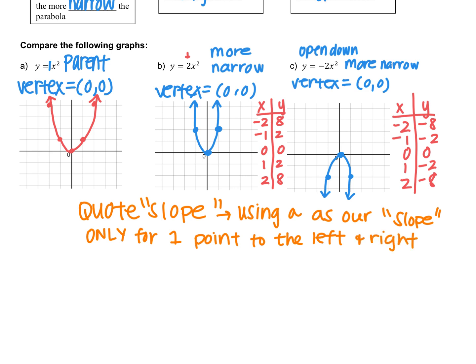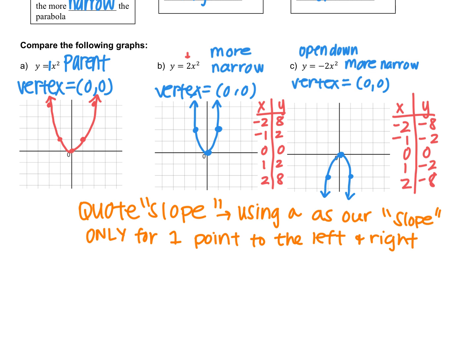We've got our vertex in the middle, right? Quote slope only works 1 to the left, 1 to the right of the vertex. That's it. It does not work any further. Any further points that you want out from the vertex, you have to use a table. With quote slope, you go from your vertex one left, one right, which is all that I'm going to require of you.